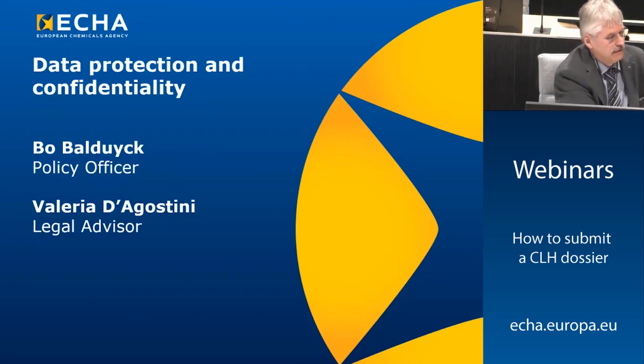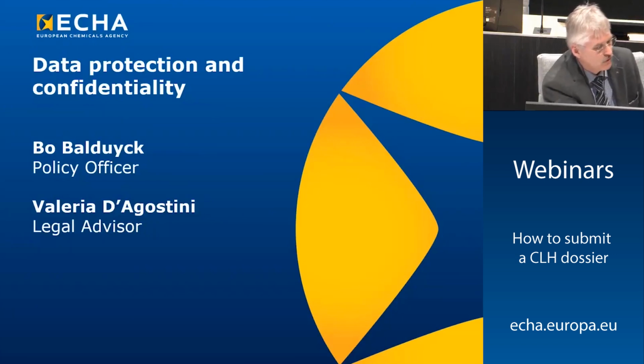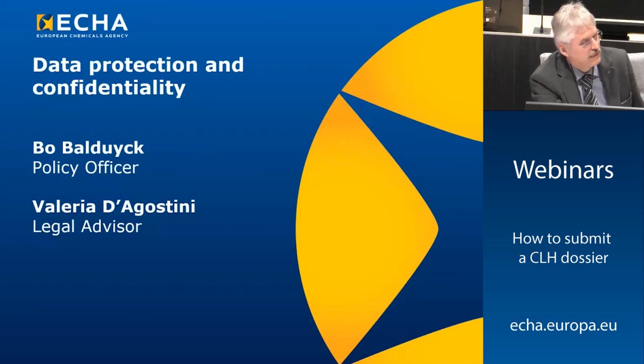We hope this will be helpful in compiling the annex as well as the CLH proposal itself. Stella already spoke about the confidential annexes. I'm not sure if anything further needs to be done at this stage. Thank you.